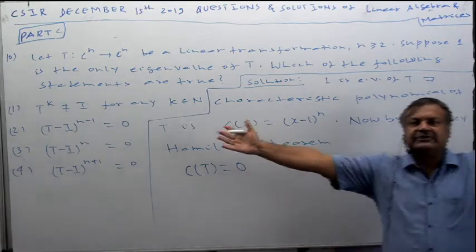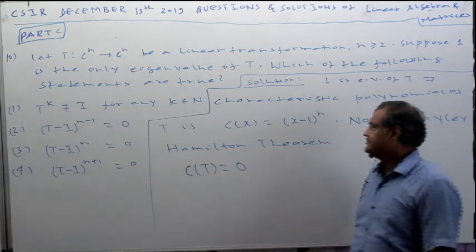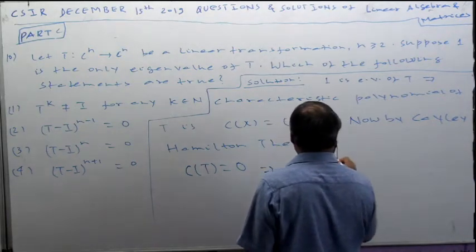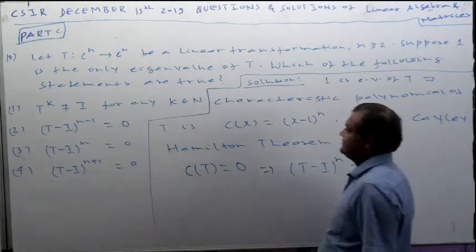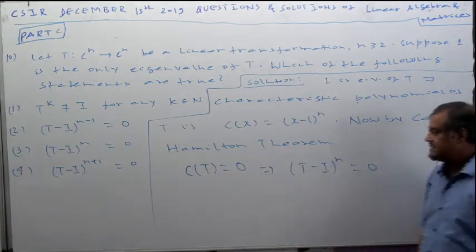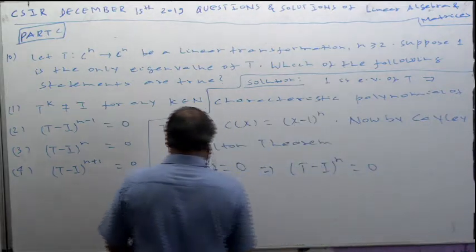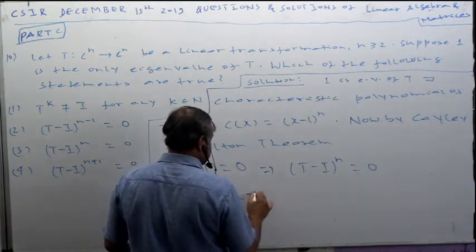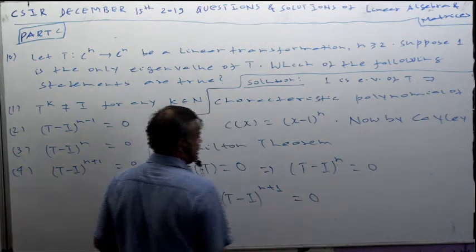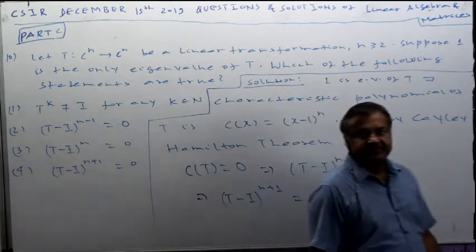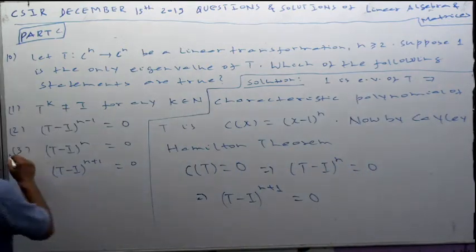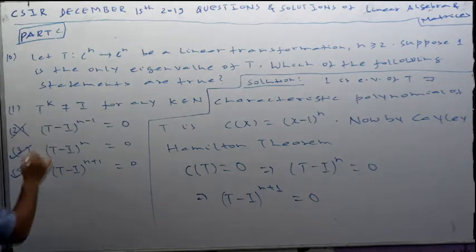Every square matrix satisfies its characteristic equation, which implies (T minus I) to the power n is equal to null. Before that power, it will be null or not, it is not guaranteed. And if this is null, then any power higher than n, that is, multiply both sides by T minus I, that will also be null. Are you happy? So the third and fourth options are correct, but the second need not be correct.